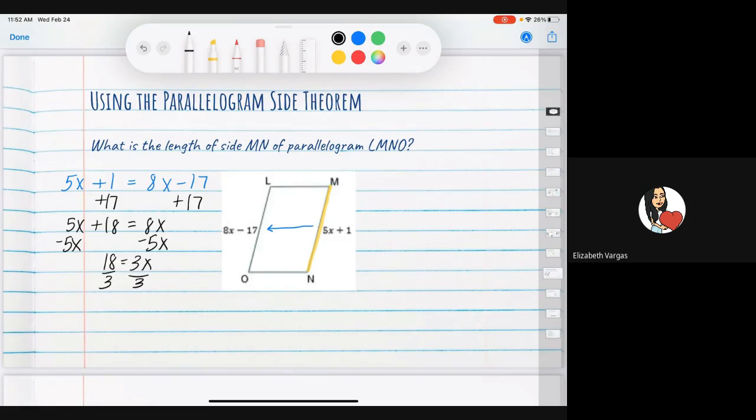Isolate x further. x is equal to 6. Now that I know that x is equal to 6, I can plug in x. So I get 5 times 6 plus 1, 30 plus 1, 31. So that means my missing side length MN is equal to 31.